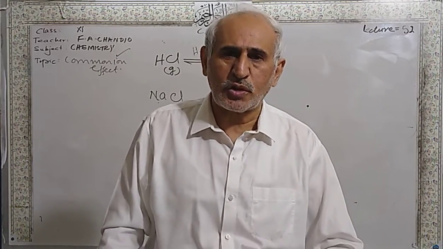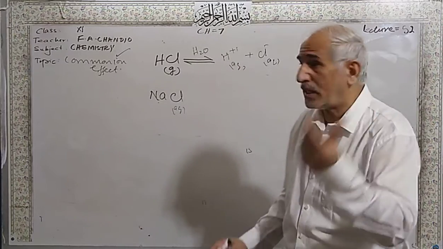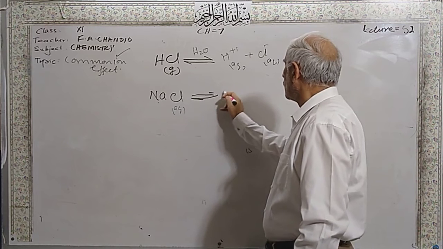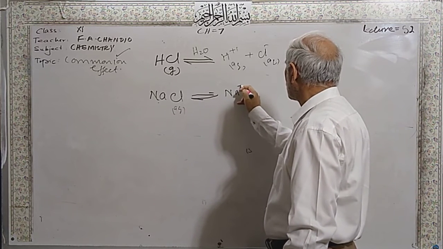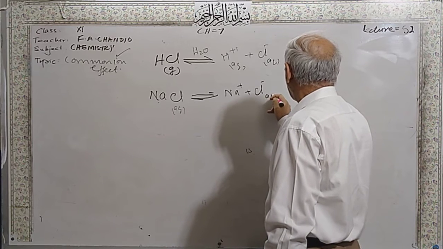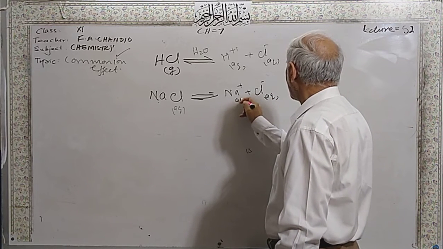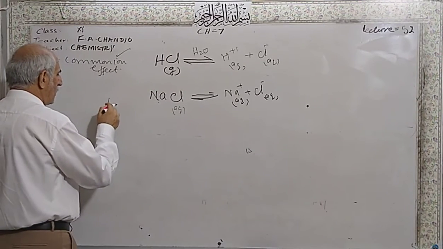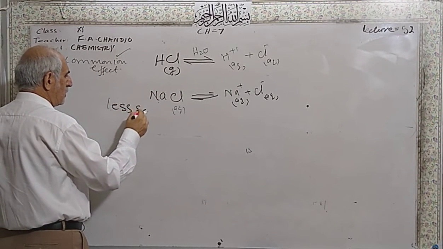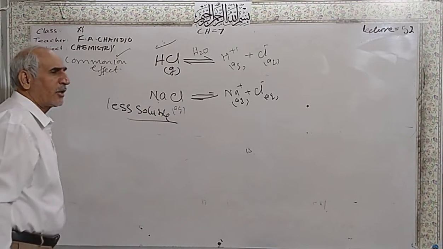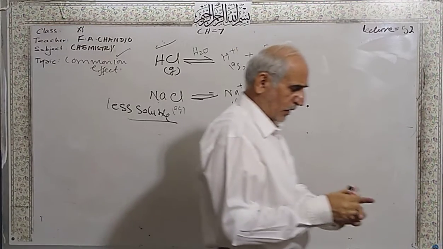It contains other impurities also. It is also dissociated into sodium ions and chloride ions, but it is less soluble as compared to hydrogen chloride gas.